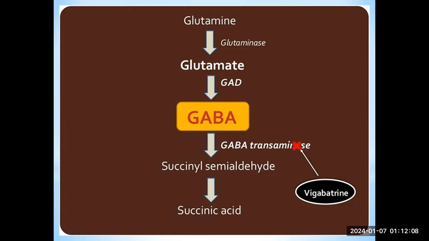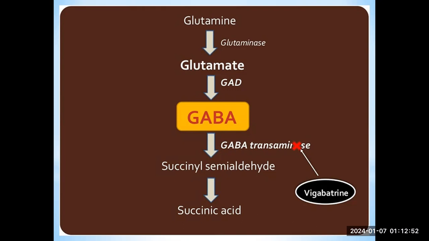Gamma-aminobutyric acid can also be synthesized through other steps. Glutamine, by the action of the enzyme glutaminase, is converted into glutamate, then glutamate, by glutamate decarboxylase, is converted into GABA, and GABA, by the action of the enzyme GABA transaminase, is converted into succinyl semialdehyde, and then that leads to succinic acid.